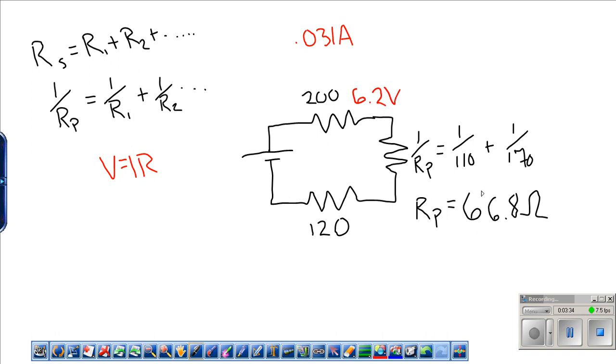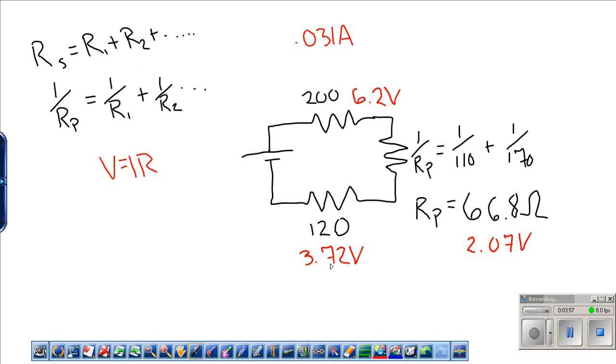Across this equivalent resistor, that happens to be 66.8 ohms, we get a drop of 2.07 volts. And lastly, multiplying 120 times 0.031 amps, we get 3.72 volts.